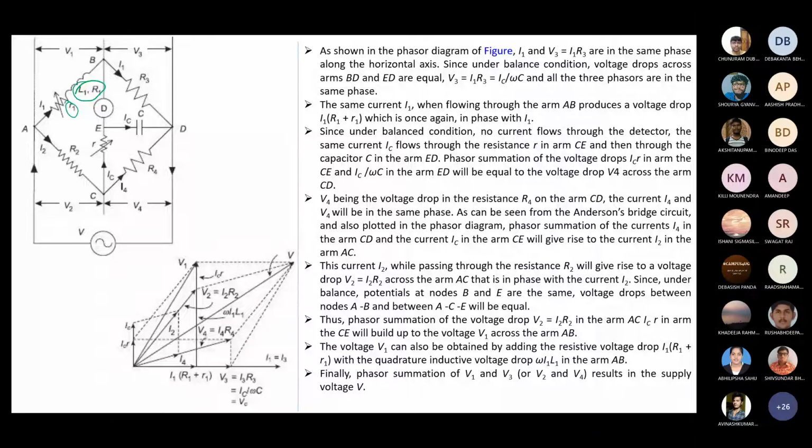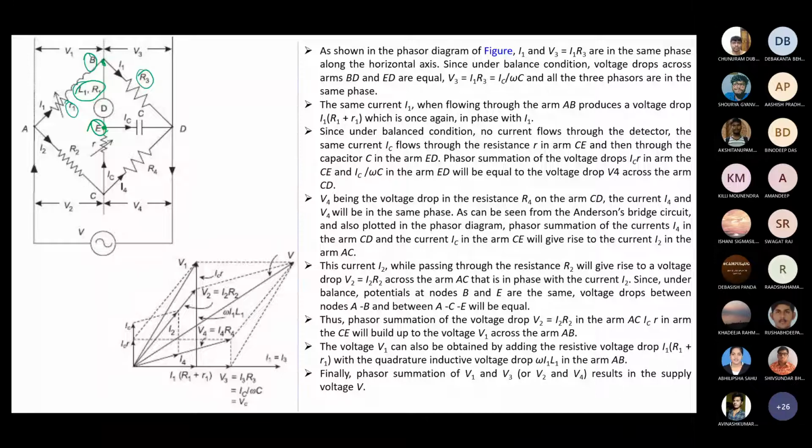And V3, that is your R3. So I1 R3, and here you can see that equipotential at balance condition, equipotential points are B and E. Detector is connecting in between B and E terminal. Those two points are equipotential points at balance conditions.